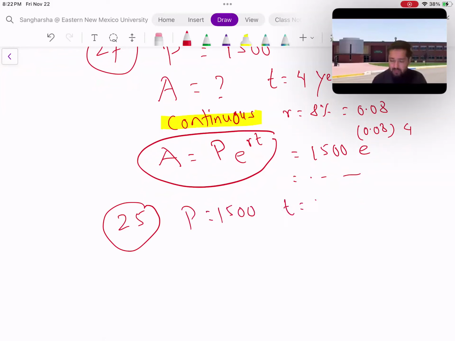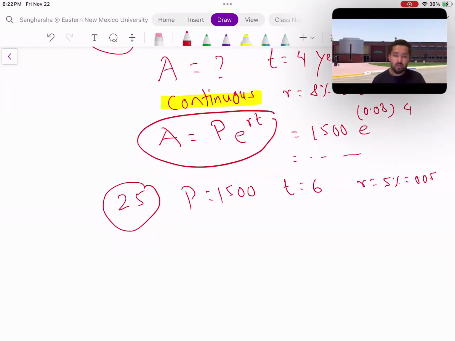Time is 6 years, and we need to find the amount for the interest 5%. So our rate is 5%, which is 0.05, and it is compounded quarterly. Now, if it is compounded quarterly, we have to find n. So what will be the n when the interest rate is compounded quarterly?